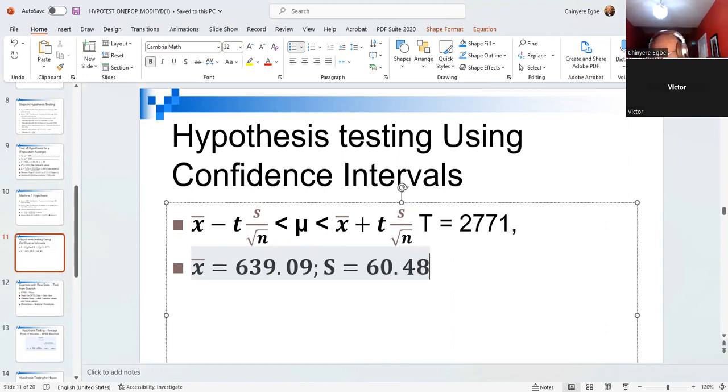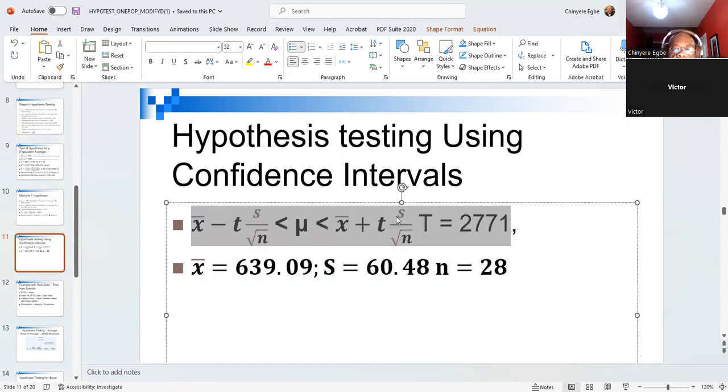You're correct? Yeah. Very good. Okay, our sample size is 28. You correctly calculated the critical T. So we're just going to apply that formula, all right? So I'm going to copy the formula.